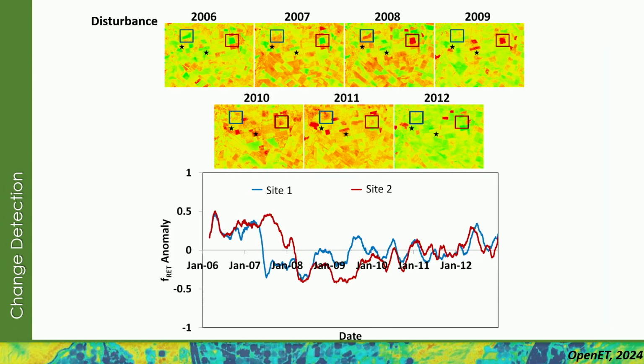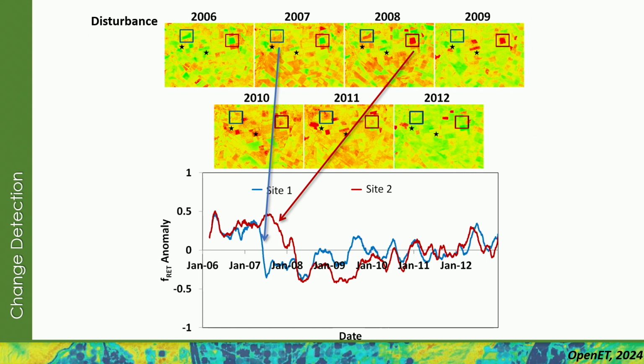With our daily data, you can see at the bottom we can plot this FRET anomaly. Zero is the baseline. If it's above zero, it means healthy, but if it's below zero, it means there's some kind of stress. With this daily curve, we can find when the changes started, and correspond them back to the different management.